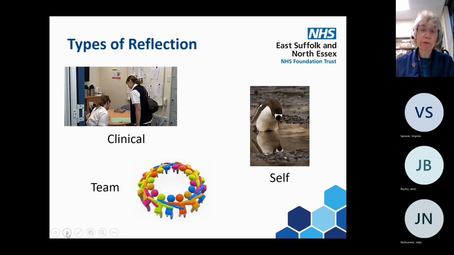Anyway, types of reflection. There are different types of reflection. There's the clinical reflection, which can be done as part of your day-to-day activity. Self-reflection, which can be done alone or with the support of your manager. And you could, for example, keep a reflective journal and discuss it during your supervision meetings.